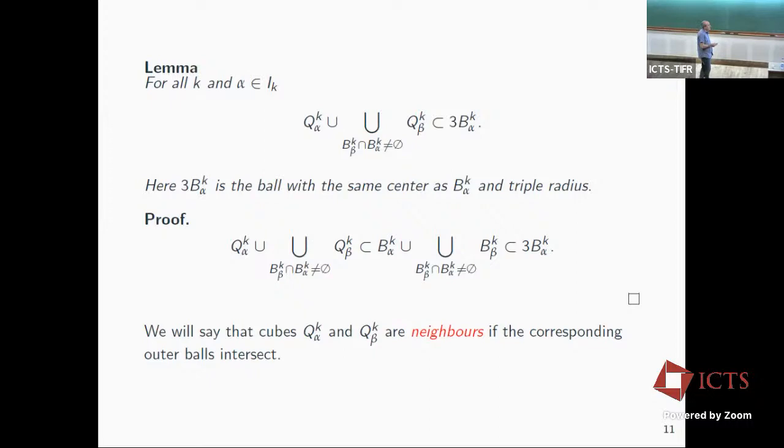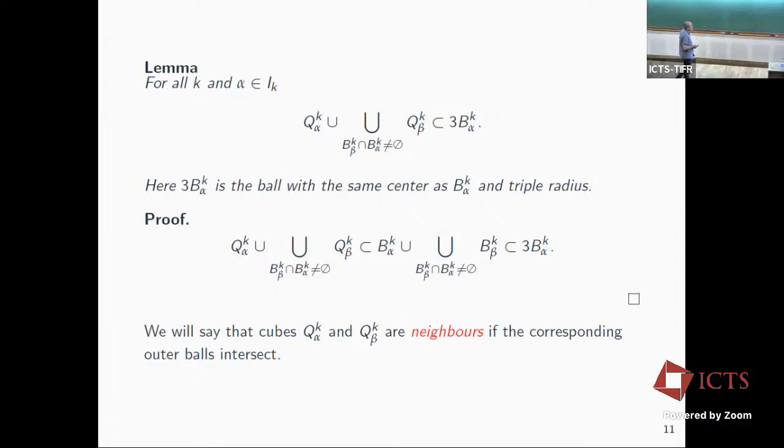And you can imagine this union is contained in the ball with the same center as Q_alpha and triple radius. This is just geometric. The union of your cubes is contained in the union of the balls, because all the balls intersect the ball B_alpha^k, and all the balls have the same radius. Then of course this union is contained in 3 times the original ball.